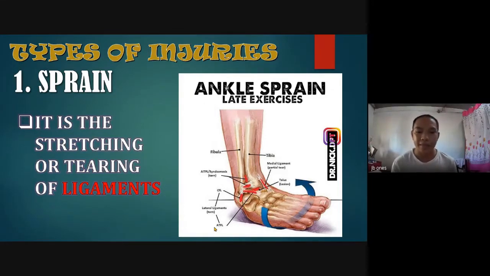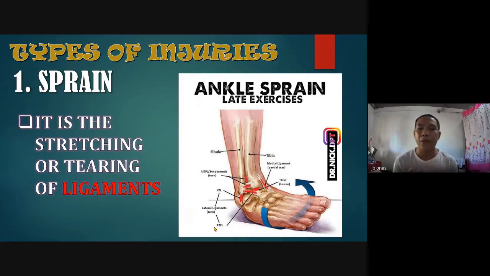So where are the ligaments? The ligaments are the soft tissues that connect your joint to bone. So joint to bone, that is the ligament that connects. For example in the picture, at the ankle there is a joint, and the tissues connecting them are the ligaments.